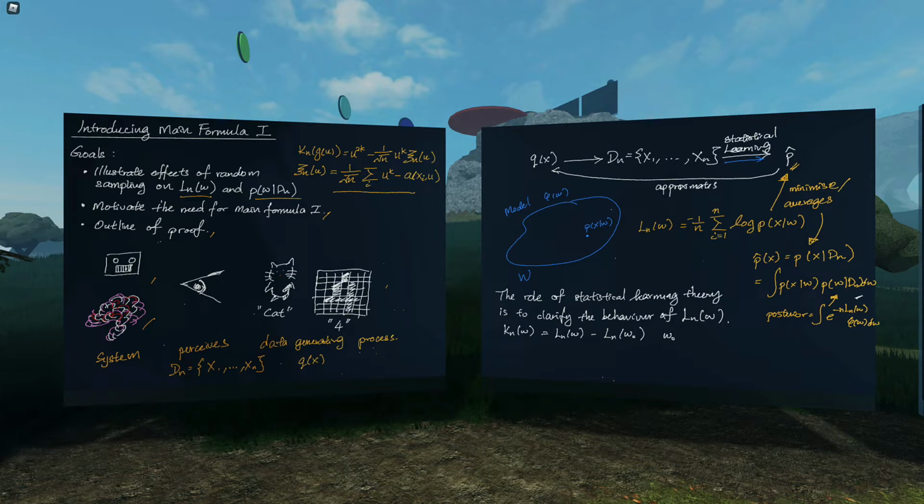In the realizable case, this minimum is equal to the entropy of the truth.